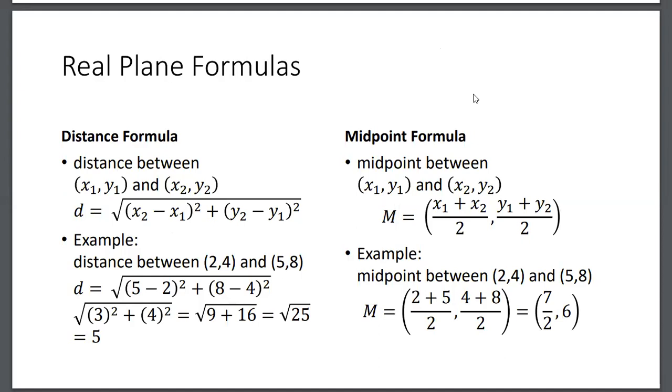There are some formulas in the real plane that are basic and useful. Two of them, the distance formula and the midpoint formula. The distance formula, to find the distance between any two ordered pairs with, say, coordinates x1, y1, x2, y2, and let me point out these subscripts here are just giving us a variety of variable names.